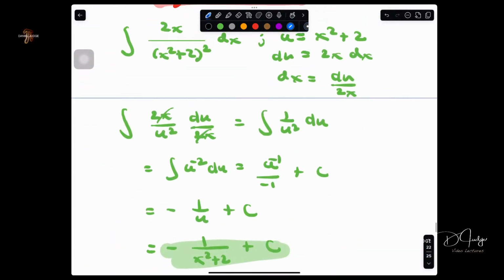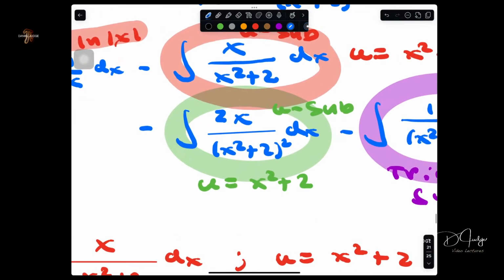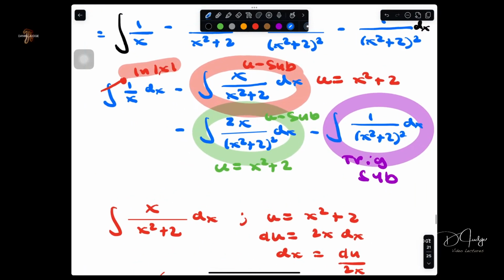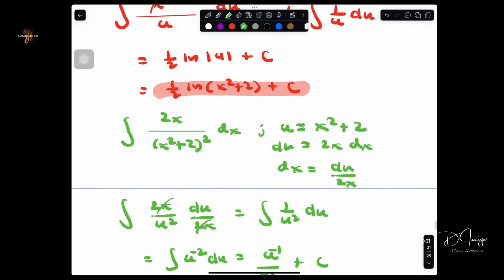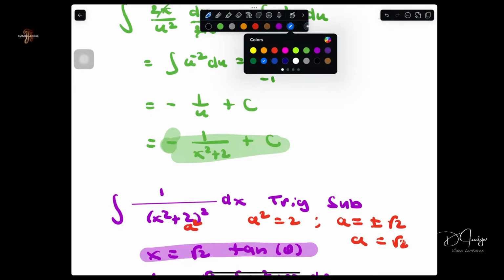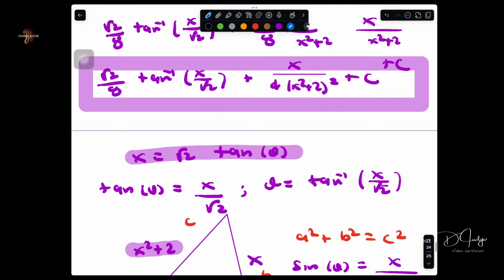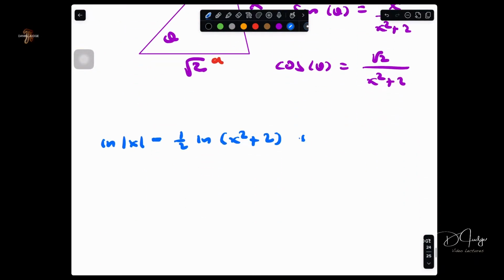And then we're going to subtract the green integral, but don't forget there's already a negative sign in front of that green integral, and there's a negative sign here as well, so minus the minus makes that a plus. So it's plus 1 over x squared plus 2.